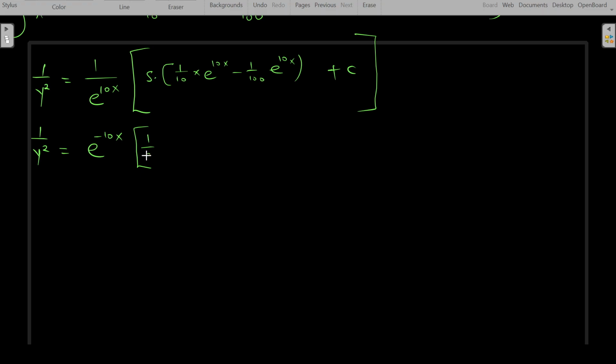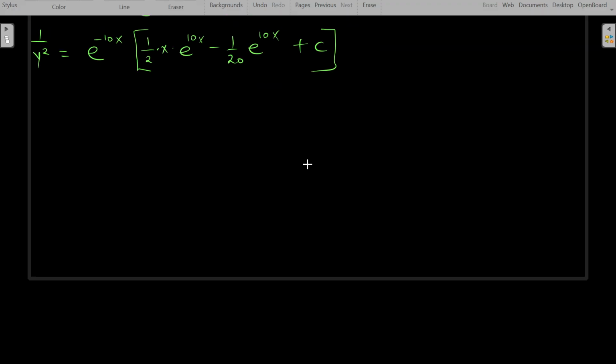This is 1 over 2 x multiplied by e raised to 10x. Then if I distribute this half, I should get minus 1 over 20 e raised to 10x, plus a constant of integration at that point.